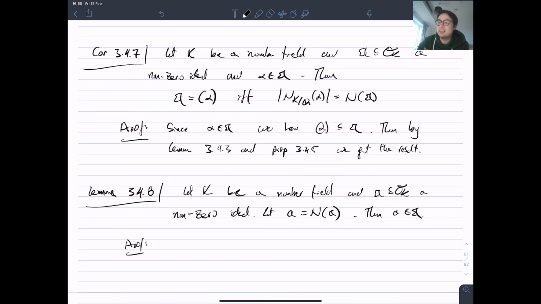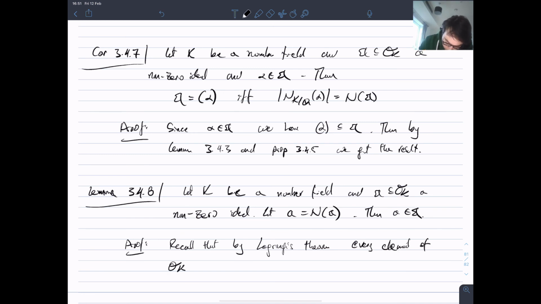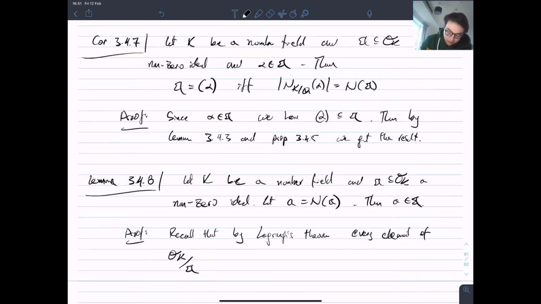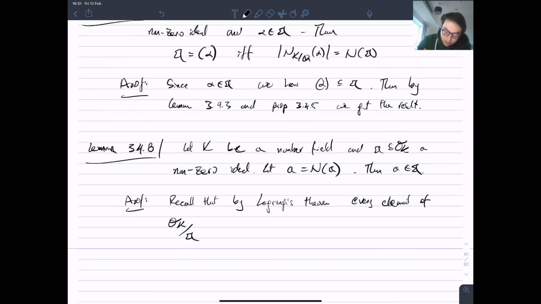This is going really back to basic group theory. Recall that by Lagrange's theorem, every element of this finite ring has order dividing the size of it.